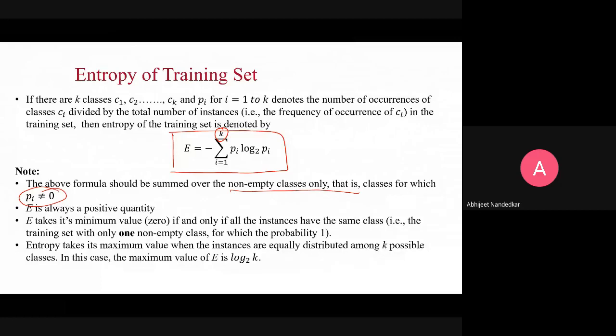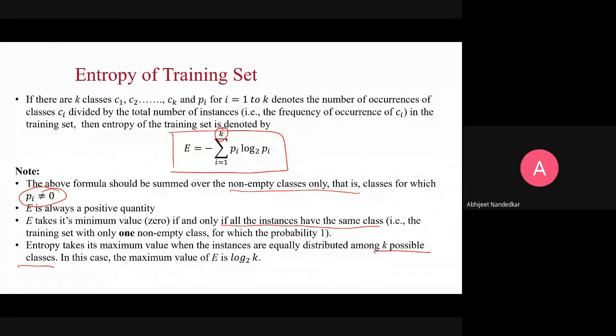It takes its minimum value 0 if and only if all the instances have the same class. That is the training set with only one non-empty class, for which the probability is 1.